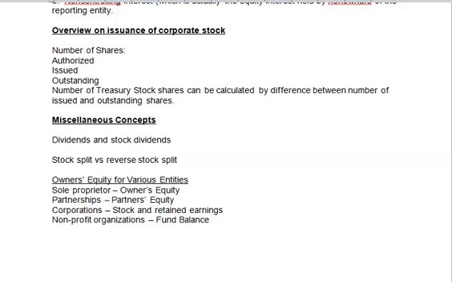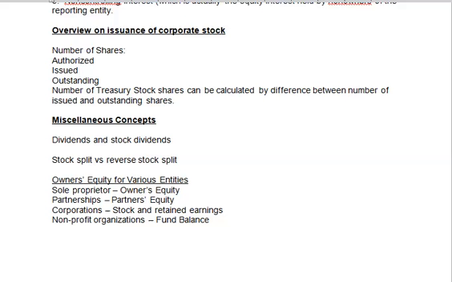We know corporations, the owners are called stockholders or share owners, and the stockholders' equity section represents the interest of the owners, the shareholders. And for a nonprofit organization, there are no shareholders. There are no owners of a nonprofit organization.